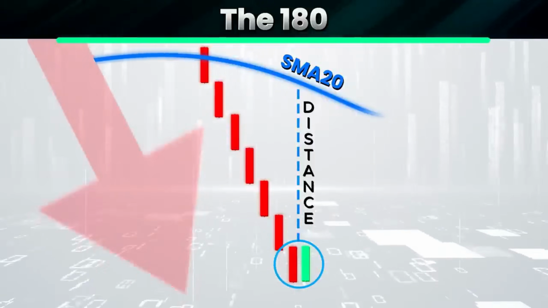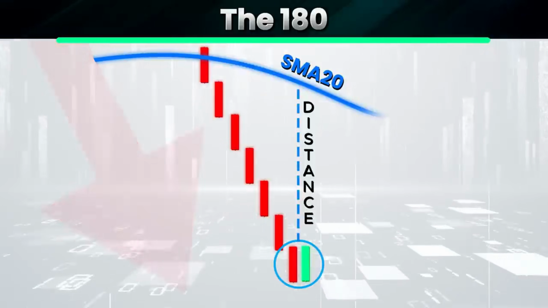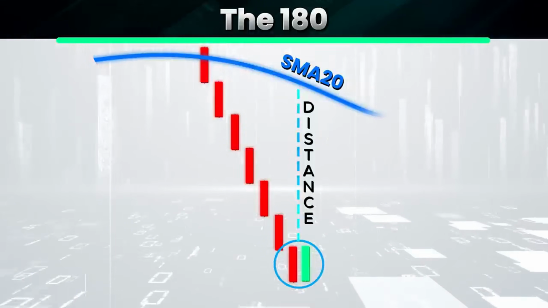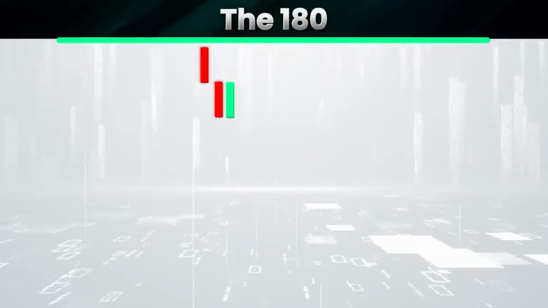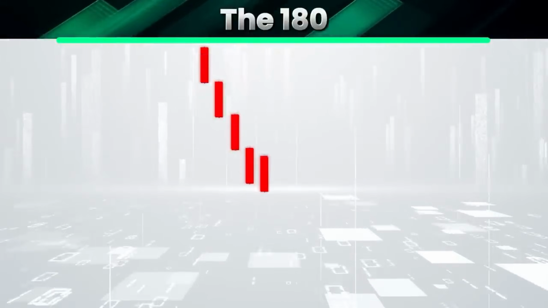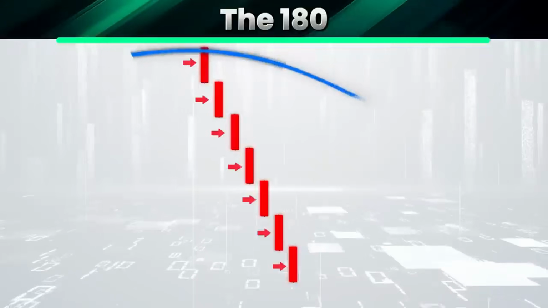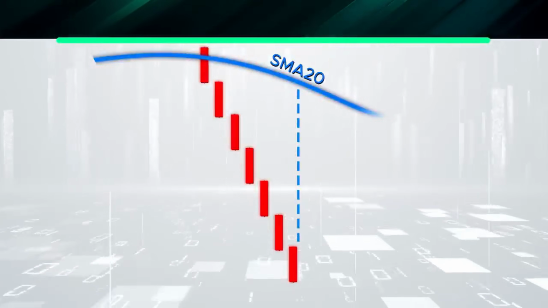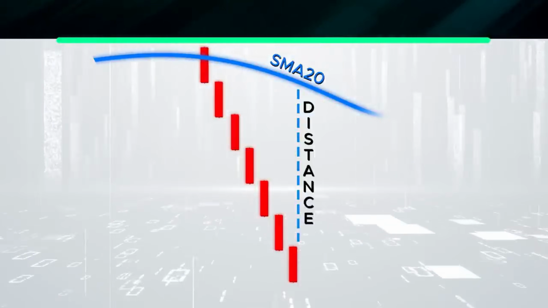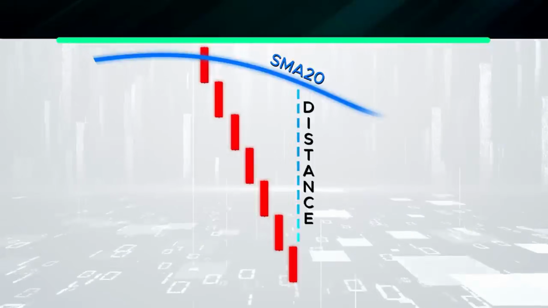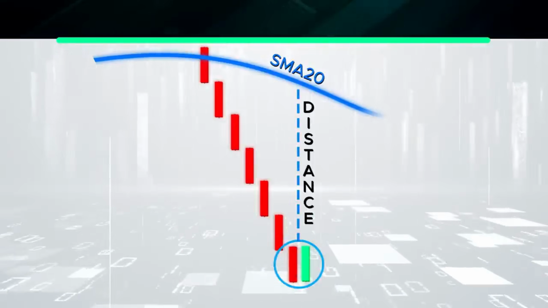A solid move down. You're not early in the move down. Early in the move down is like one red bar before you, but this is a multiple bar down move. It leaves behind the 20, far below the 20. This is a very powerful location for the Bull 180. Let's go to the next location.